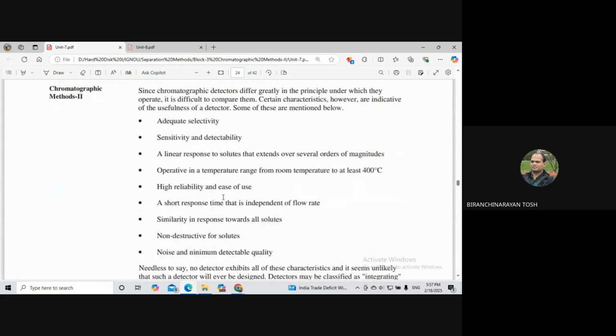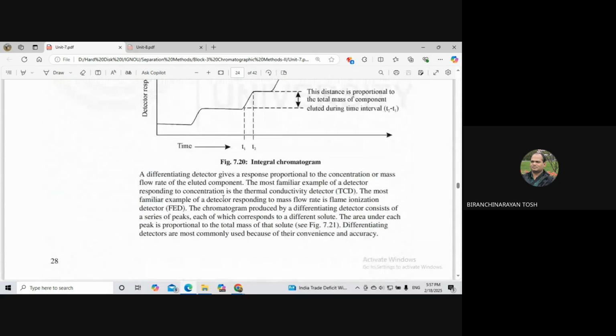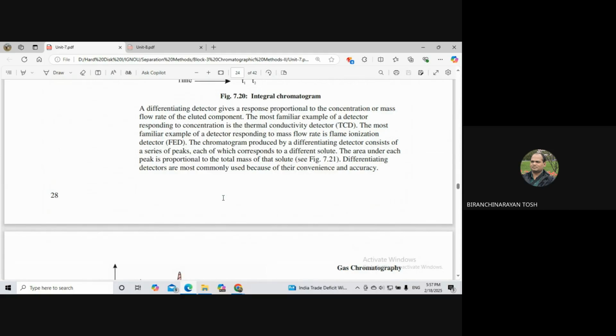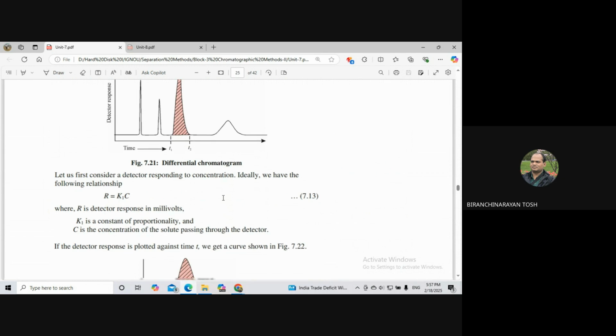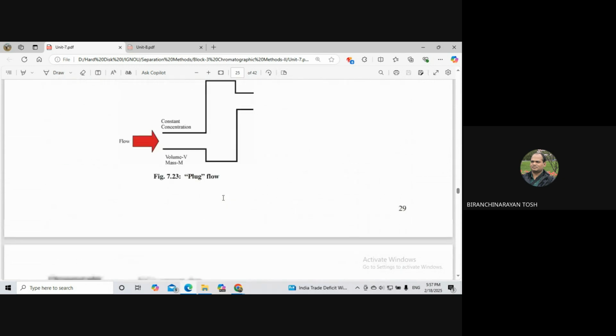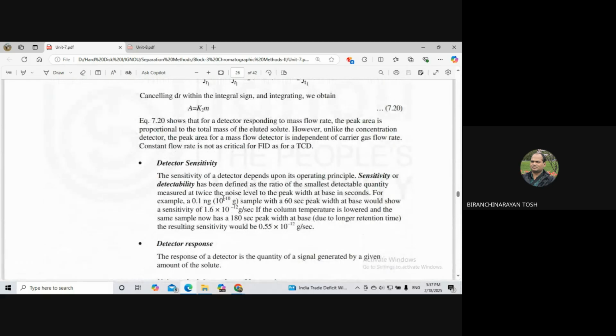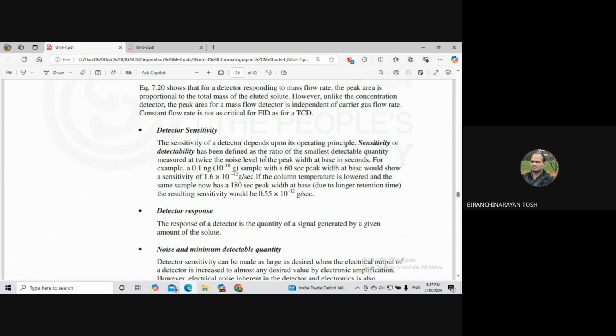So different detectors are there. You can see the internal diagram. Detector sensitivity or detectability is defined as the ratio of the smallest detectable quantity, measured at twice the noise level, to the peak width at base in seconds.